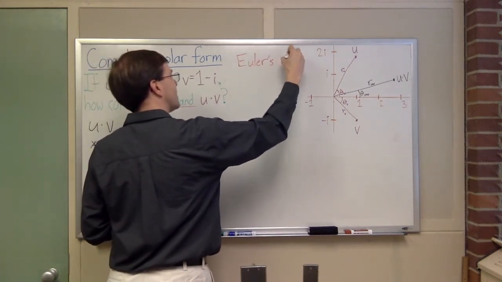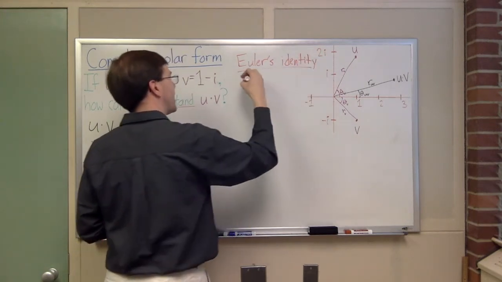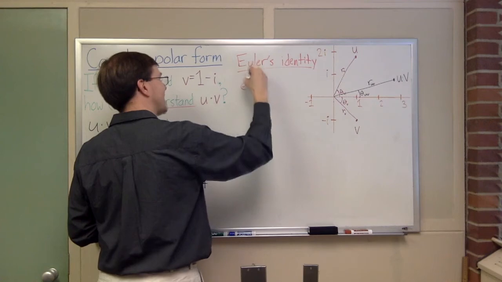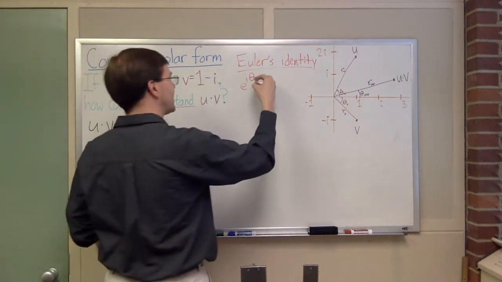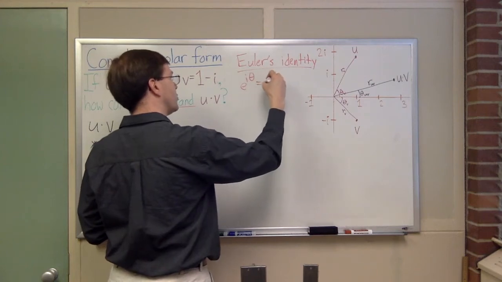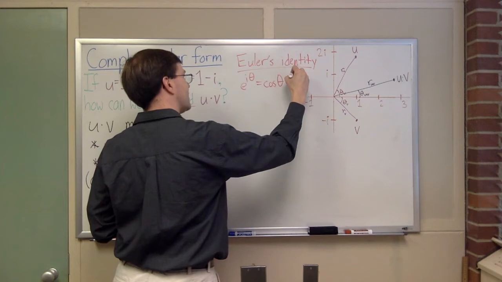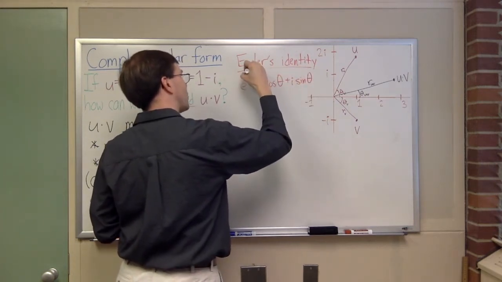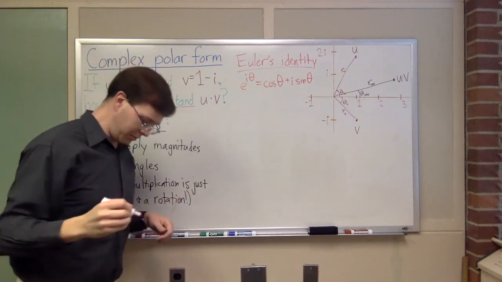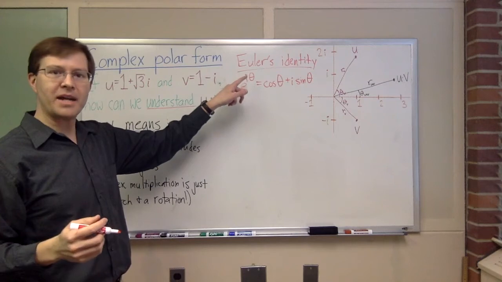Euler's identity tells us that e to the i theta, in radians, theta has to be in radians, always use radians, e to the i theta is equal to the cosine of theta plus i times the sine of theta. That's Euler's identity. And this looks crazy, but this is essentially the defining feature of e to an imaginary number.